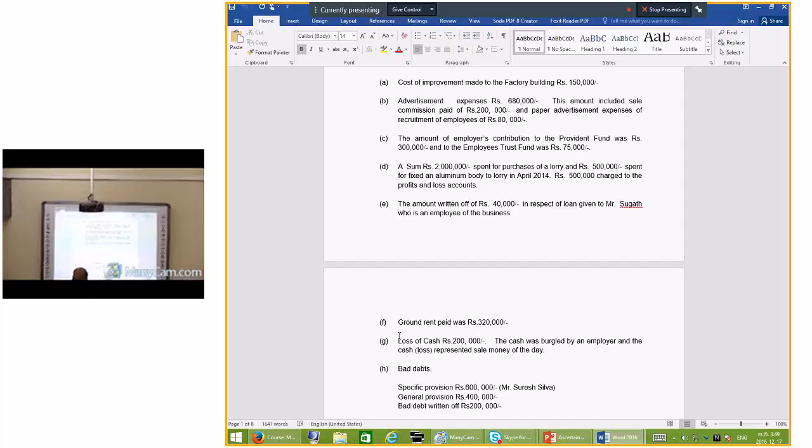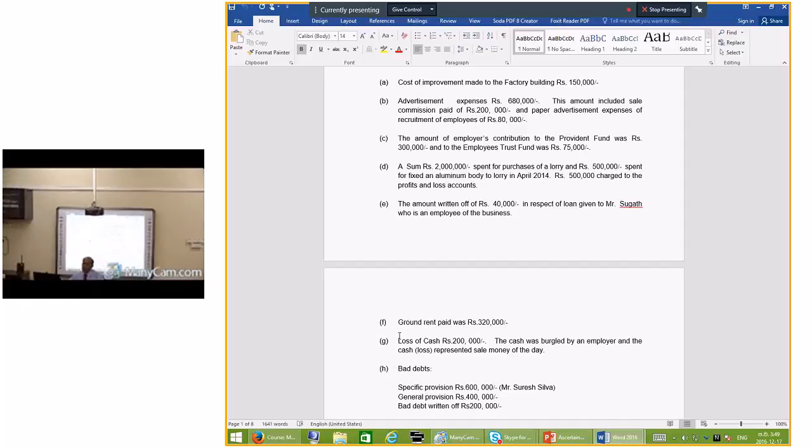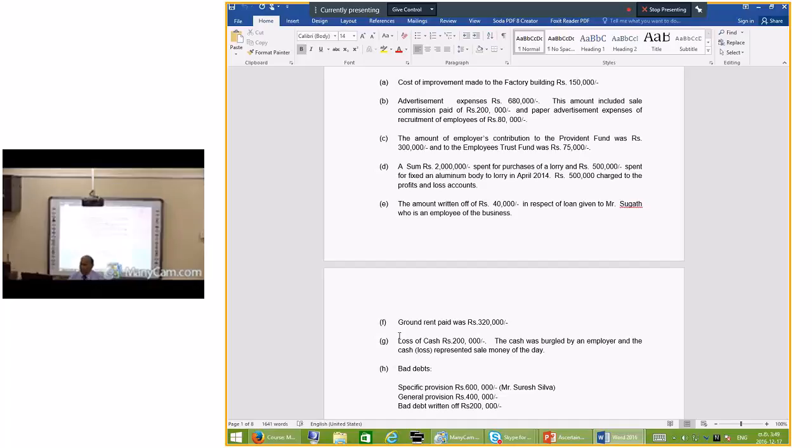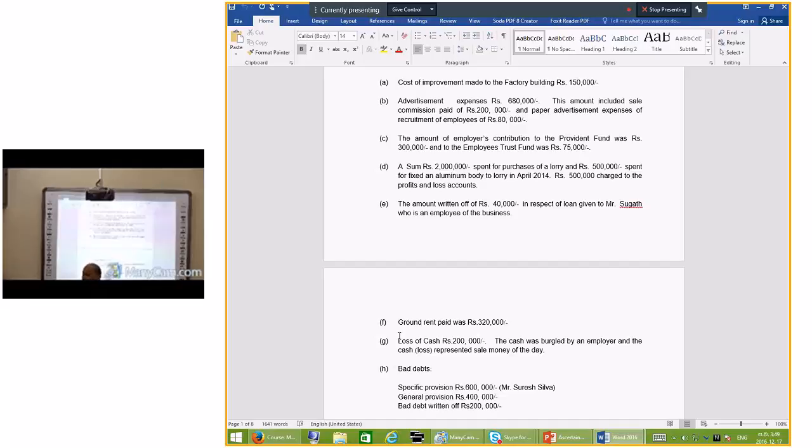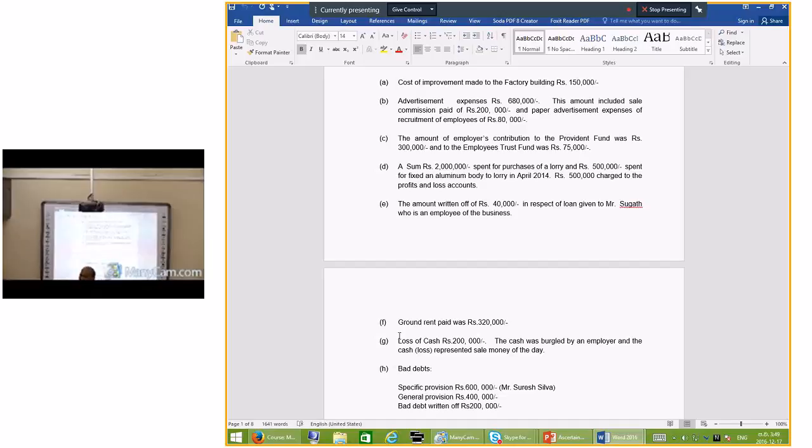Any loss or damage to the circulating capital is a revenue loss, categorized as outgoings and allowed as a deductible expenditure.